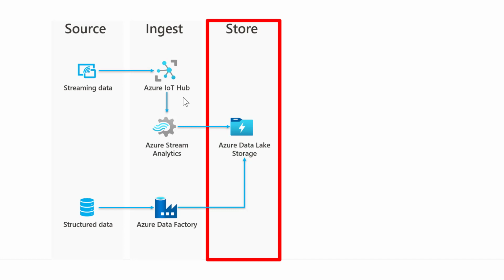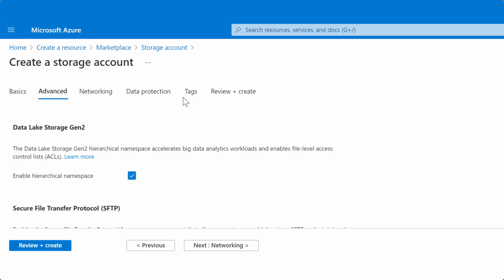And I can actually show you now where you would tend to go and install it. So whereas with Gen 1 you install directly through the portal, you tend to set up Azure Data Lake Storage Gen 2 when you create a storage account. And you actually enable hierarchical namespaces here, and that will set up Azure Data Lake Storage Gen 2.